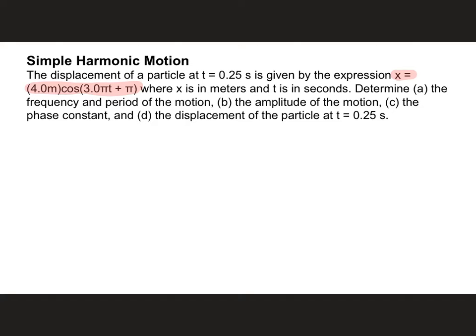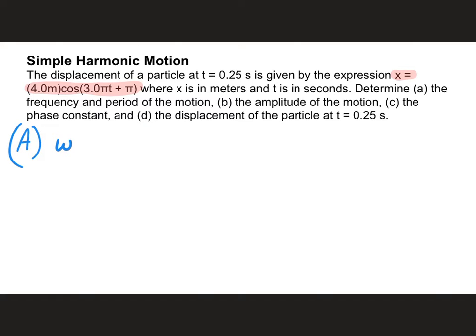All right. So part A wants to know the frequency and period of the motion. And so right off the bat, frequency, or what we would call angular frequency, we call it angular speed or velocity, but you'll find that what we mean by that is angular frequency. It's the number of radians per second.